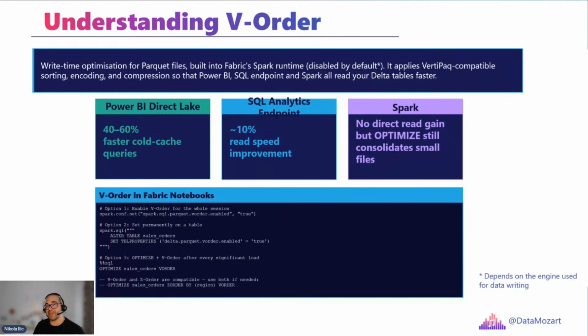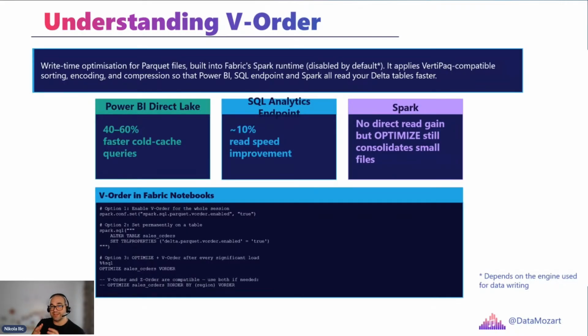For all the workspaces created before April 2025, the default behavior when you use notebooks is that V-order was enabled. For all the workspaces created after April 2025, V-order is by default disabled, just for notebooks. So if you are using data flows or if you are using warehouse, V-order is still by default enabled. This is true just for Spark, okay?